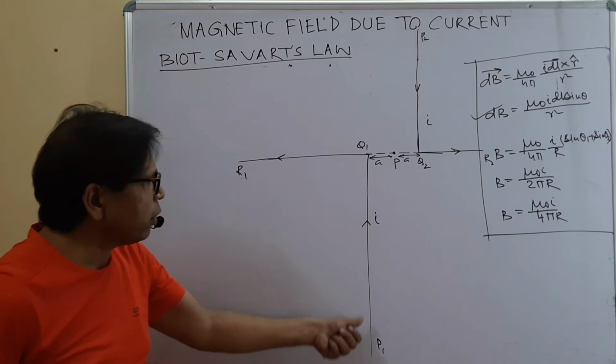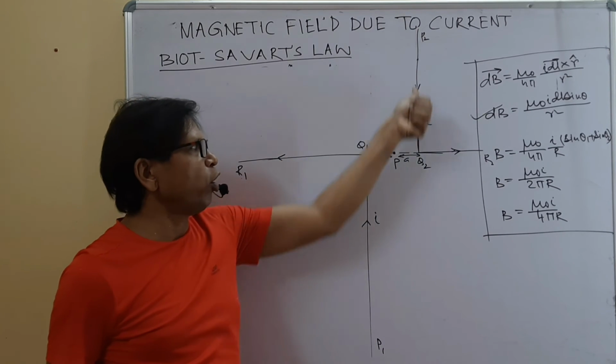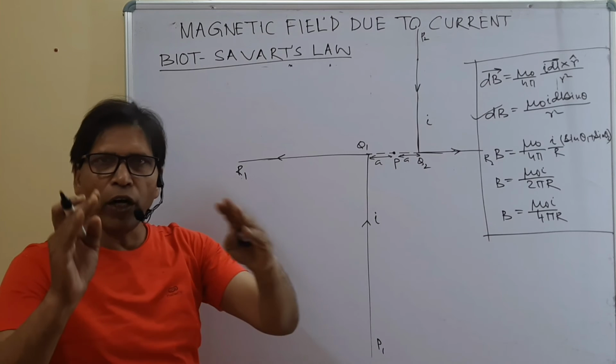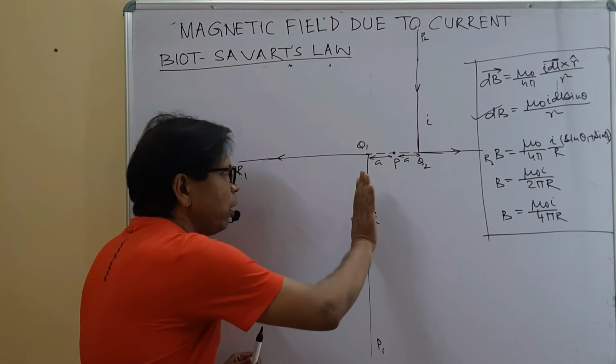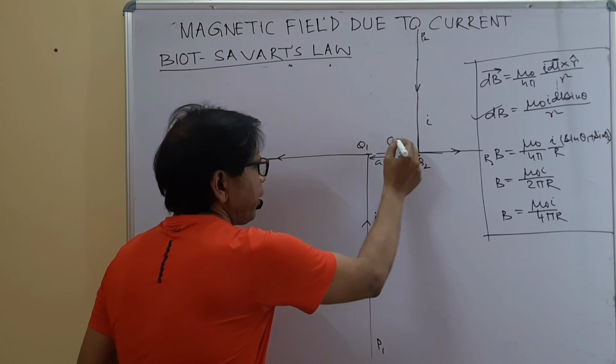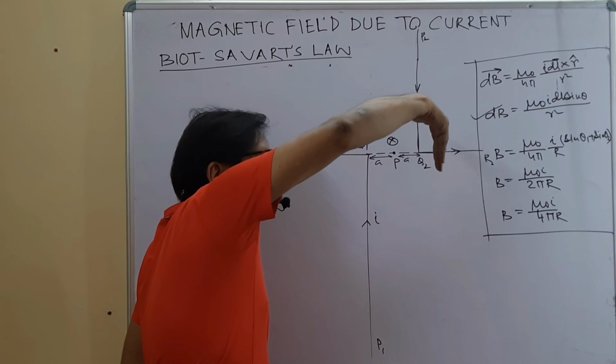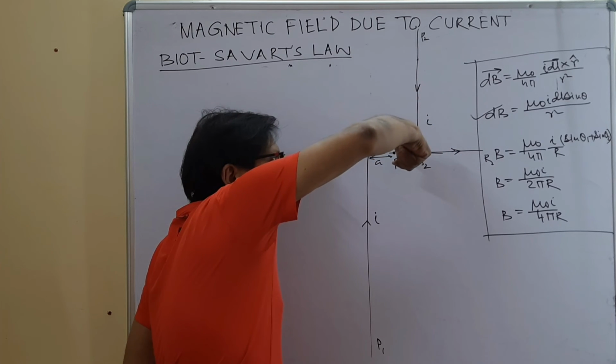P is one end of this conductor and P is also one end of this conductor. The magnetic field due to this portion is directed inward, and the magnetic field due to this portion is also directed along this direction.